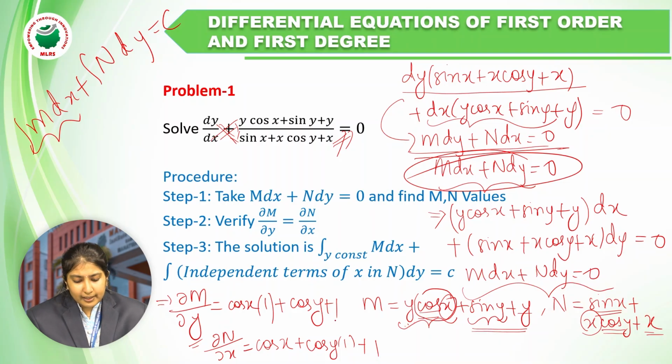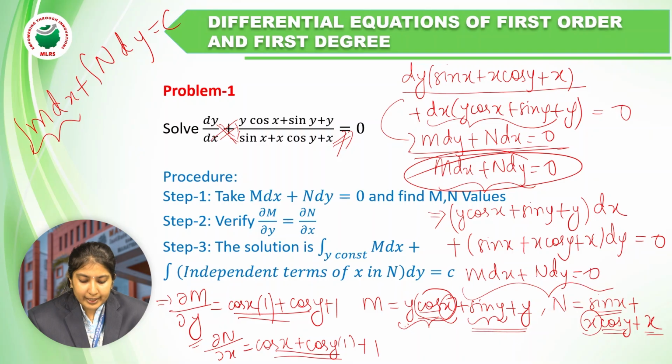So if you see, my dou M by dou y and dou N by dou x are equal. So I'm getting two equal functions, two equal values. Do you see these two values are equal? That is, dou M by dou y and dou N by dou x are equal. So what did I get?